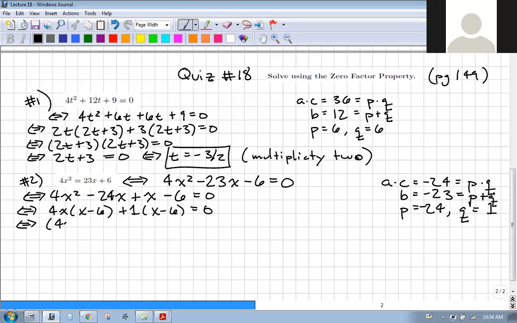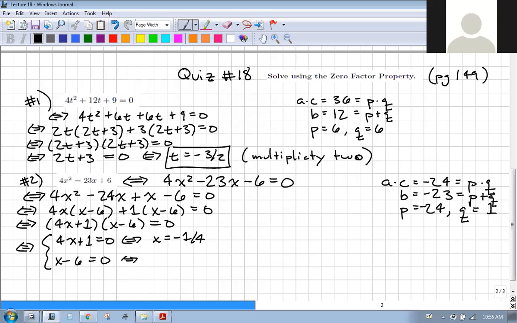So we have 4x plus 1 times an x minus 6. So either 4x plus 1 is 0 or x minus 6 is 0. So either x is a negative 1/4 or x is 6. And there we have it. Quiz number 18 done. Any questions?